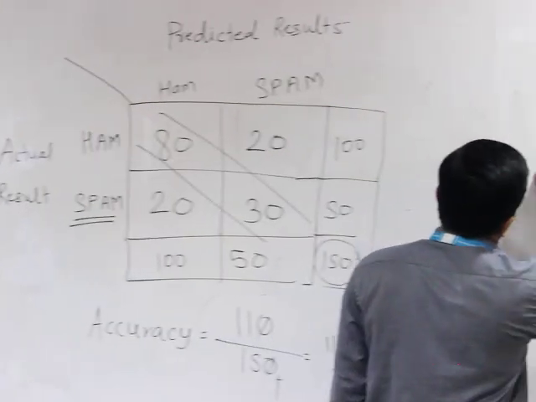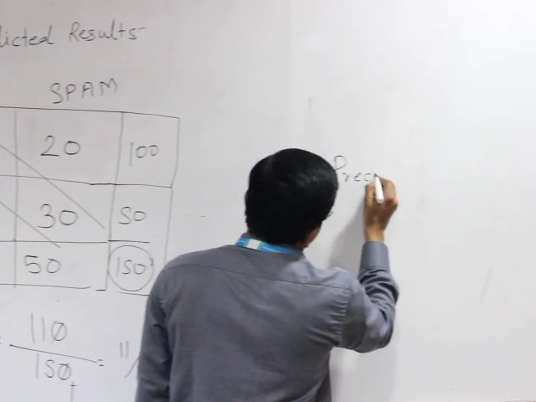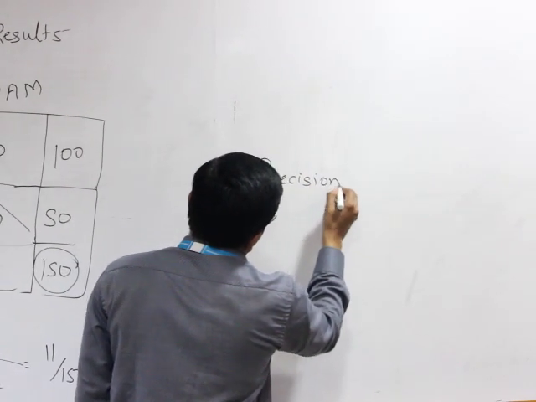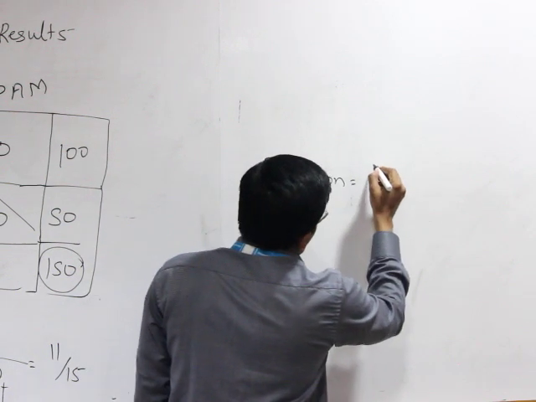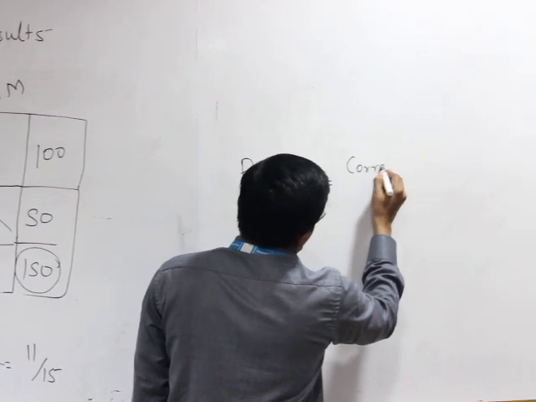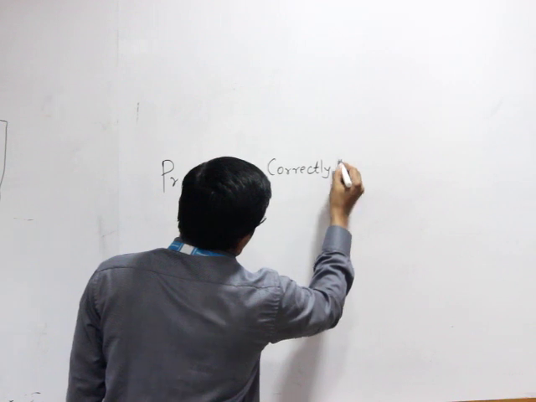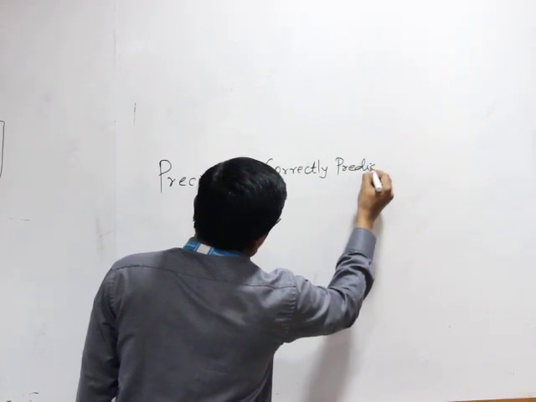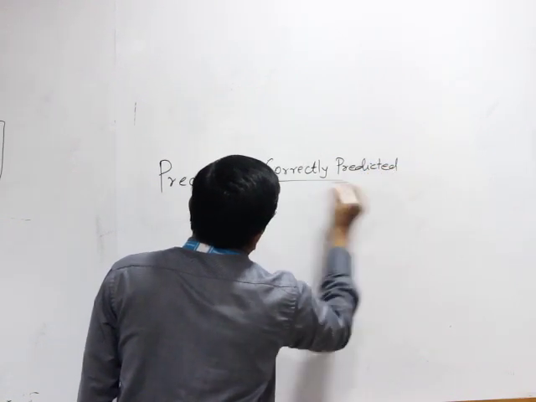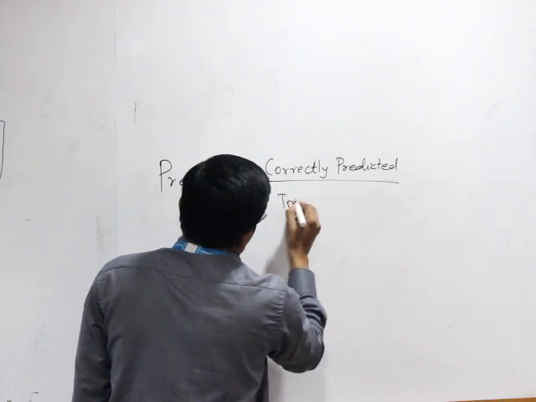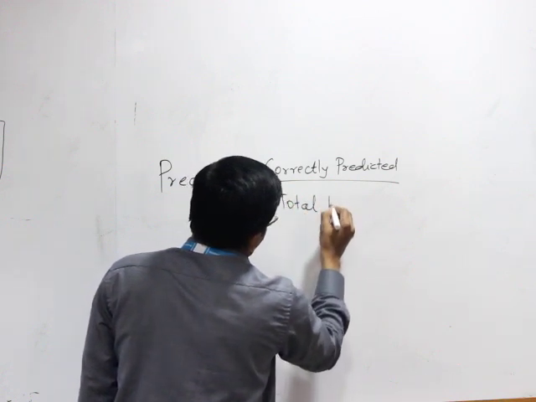So the formula for precision is correctly predicted over total predicted.